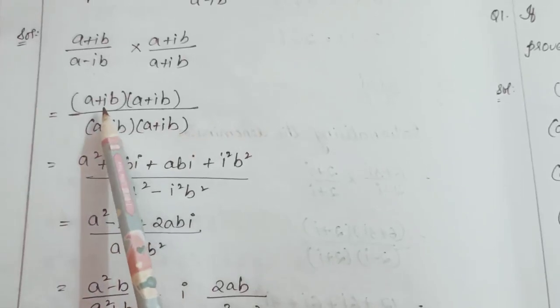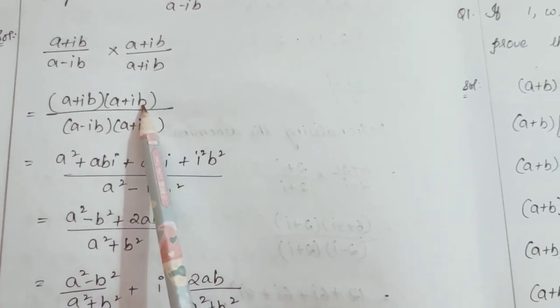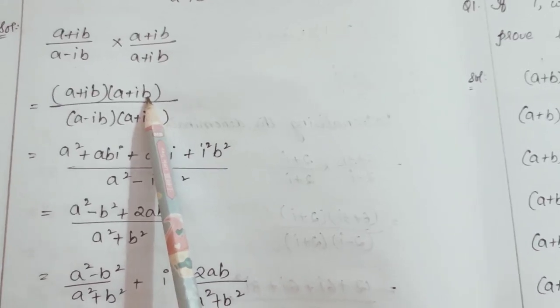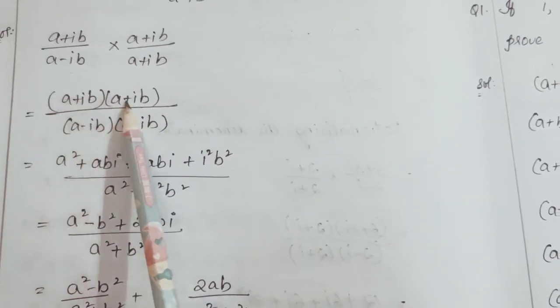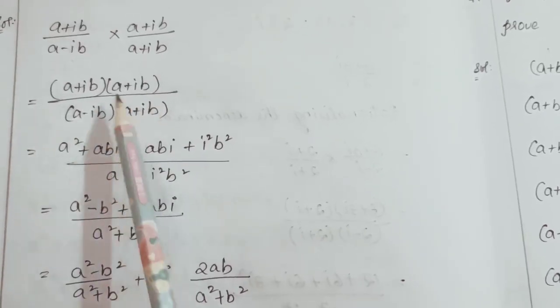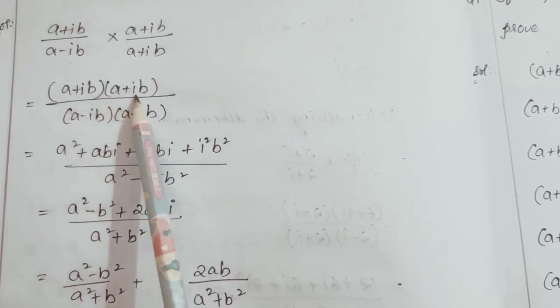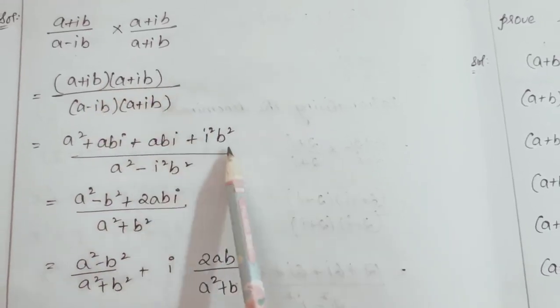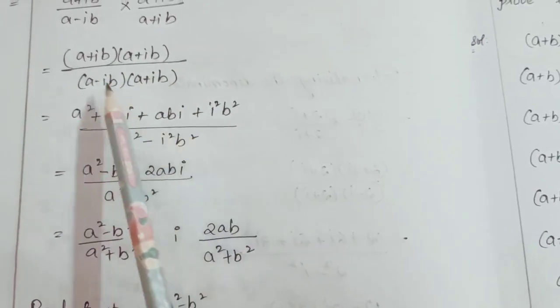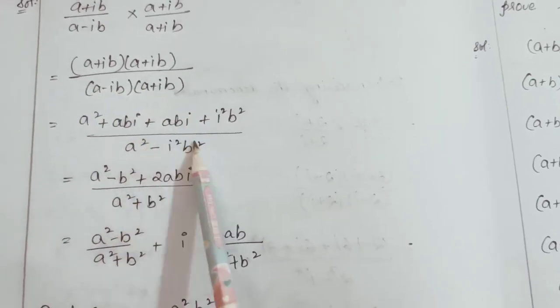Here a plus ib into a plus ib is nothing but a plus ib whole square, formula you can apply, a plus b whole square, or directly you can multiply here. A into a is a square, a into ib is iab, here ib into a is iab, plus i into i is i square, b into b is b square. In the denominator, a minus b into a plus b formula is there, so a square minus b square.